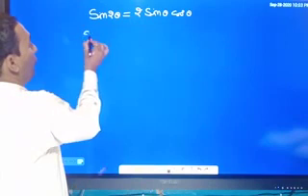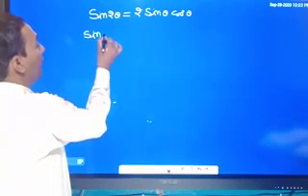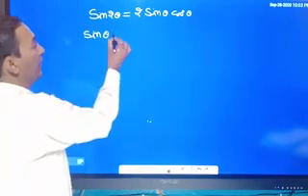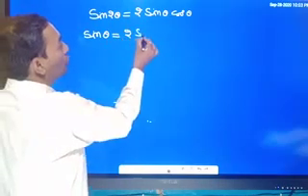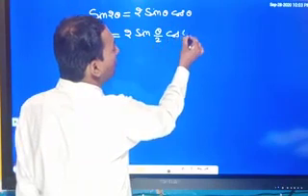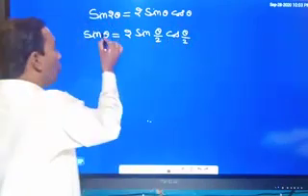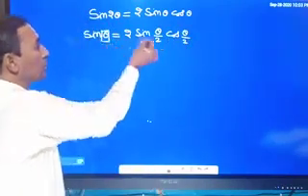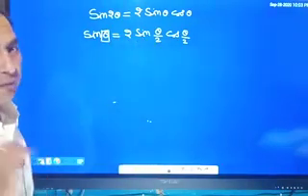It becomes 2 sin theta by 2 cos theta by 2. जो भी यहाँ पर एंगल होगा उसका हम हाफ एंगल कर देंगे.